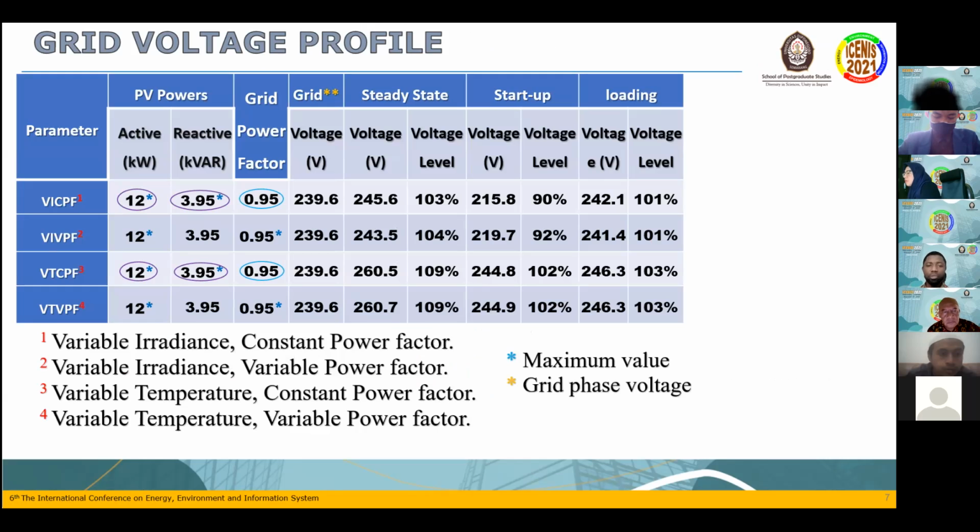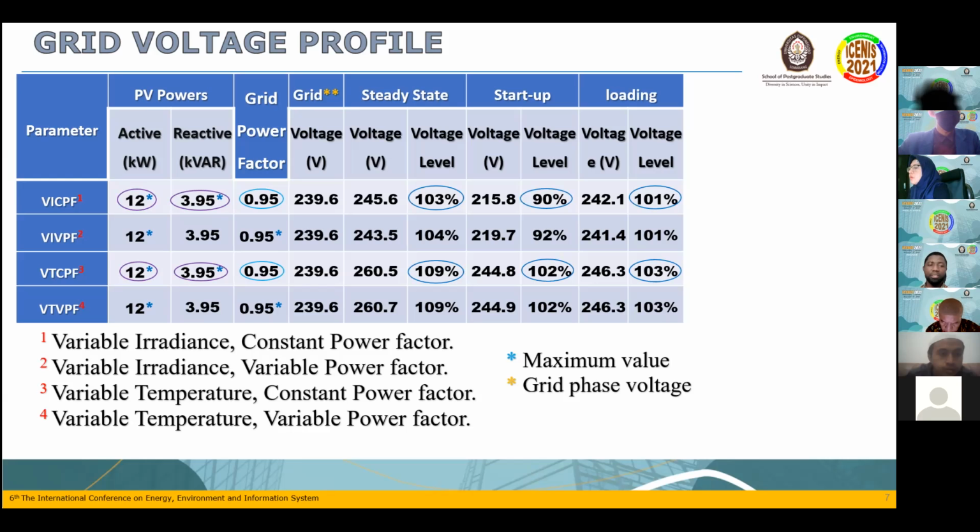However, the results we obtain at this point are very appreciable. All the voltages for steady state, startup and loading are very good, as we can see. However, the variable temperature in this case gives a more appreciable voltage compared to the variable irradiance.